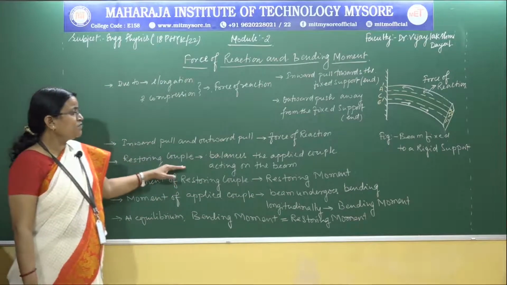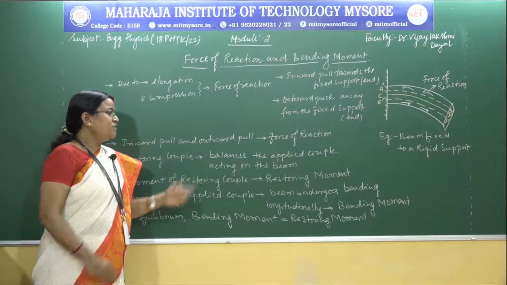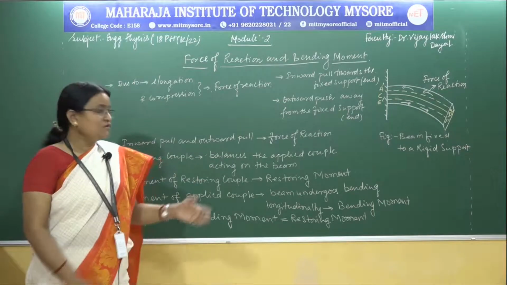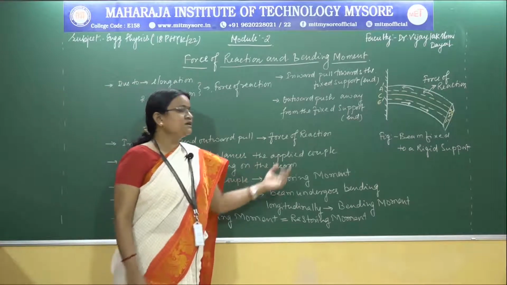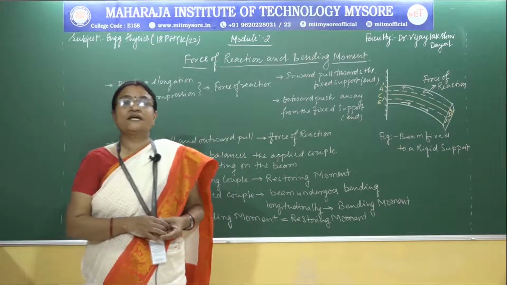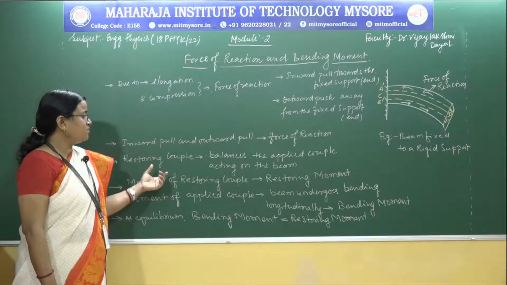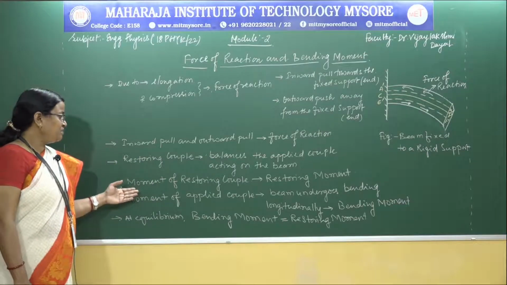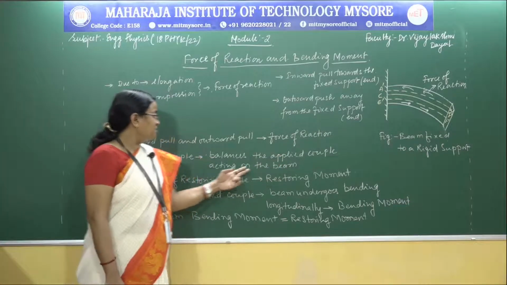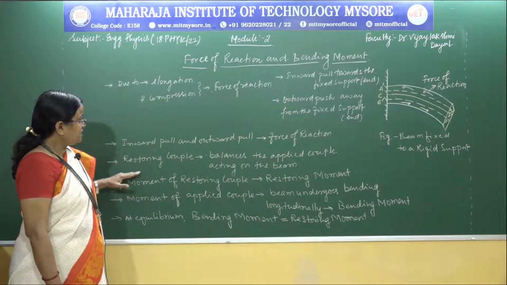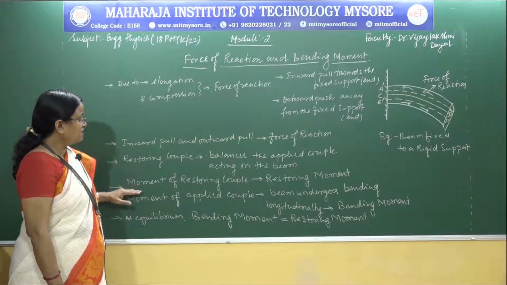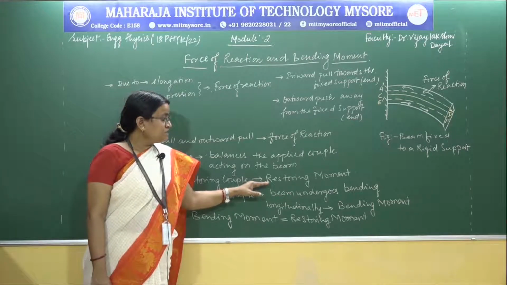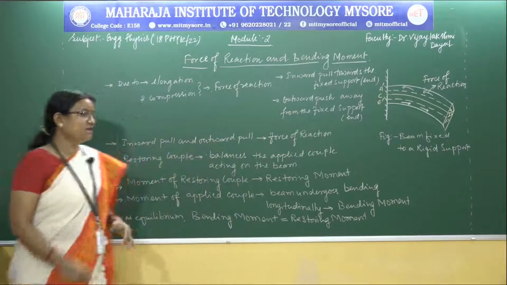So the restoring couple acts in the body to balance the applied couple acting on the beam. Applied couple arises due to the applied load. The restoring couple balances the applied couple acting on the beam, and the balance between the applied couple and the restoring couple is known as the moment of the restoring couple, which arises due to the restoring moment.